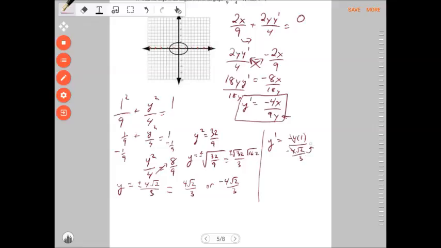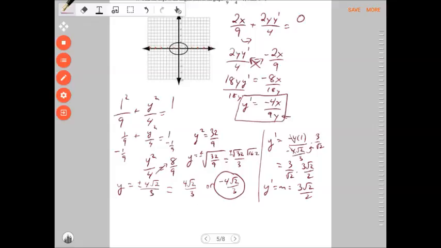We flip and multiply, so times 3 over root 2. So 1 times 3 over root 2 is going to be 3 over root 2. Can't leave it like that: 3 root 2 over 2. So that is the one slope. That's when we used that y value. So y prime, which slope was 3 root 2 over 2.